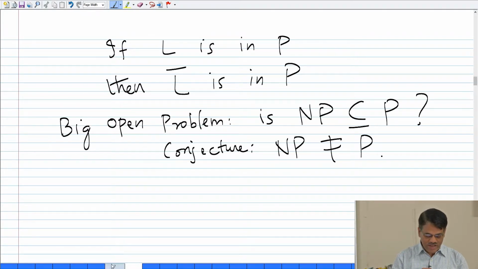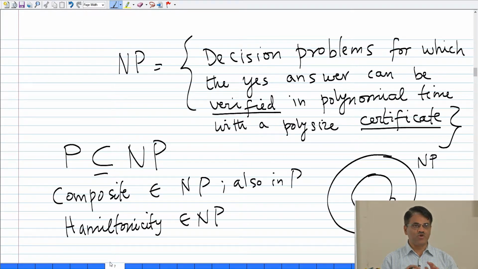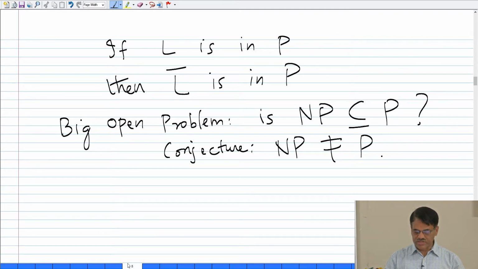All I said about Hamiltonicity is that so far we do not have a polynomial time algorithm. That does not necessarily mean that it is not in P. So, that is a big open problem. Can you design a polynomial time algorithm to test whether a graph is Hamiltonian? It is one of the many problems for which we do not have a polynomial time algorithm, but we do not know that it is not in P as well. So, that is why this is a conjecture.